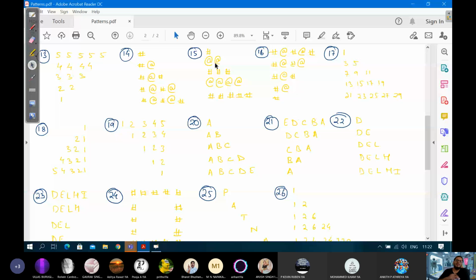I'll just give you an idea of this one. Here in 15th, try it out, otherwise we'll make it tomorrow. Here if you see, it is dependent on I being even or odd. Correct. Because if the row number is even, you will see at the rate being printed. If the row number is odd, then you will see hash being printed, right?